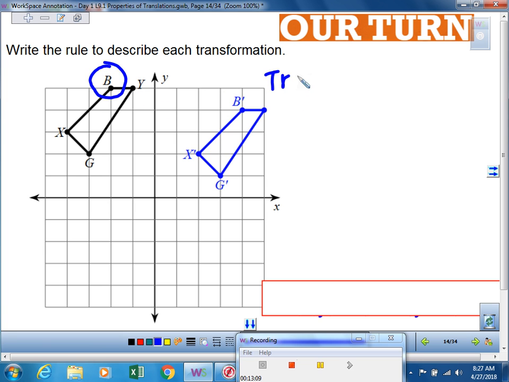So, you would say, translation, and then I'm going to go left, right first. So, I'm going to go to the right. How many units? 1, 2, 3, 4, 5, 6. So 6 units right, or right 6 units. And how many down? 1 unit down.